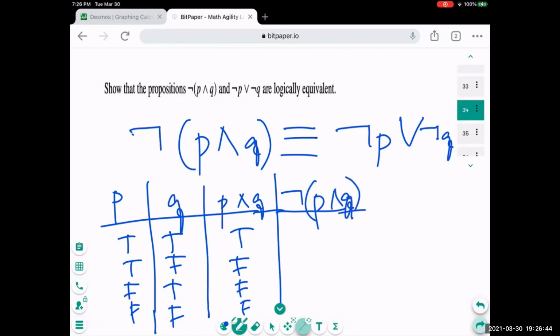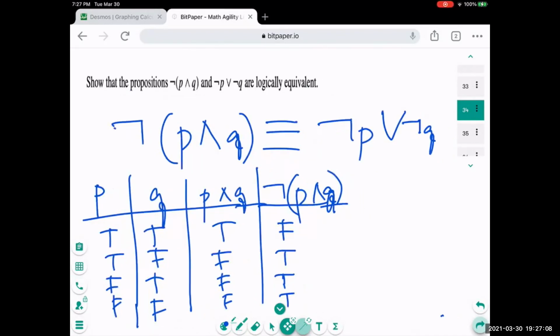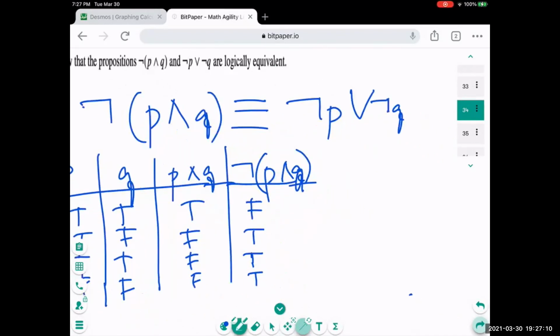So, kabaliktaran lang nitong kabila. So, this would be false. This is true. This is true. And this is true. Right? So, let's see kung itong last column would be equivalent to the other one. So, ang gawin natin, kunin natin yung negation ng P and negation ng Q. So, yung negation ng P muna.